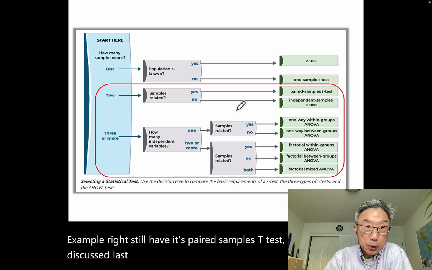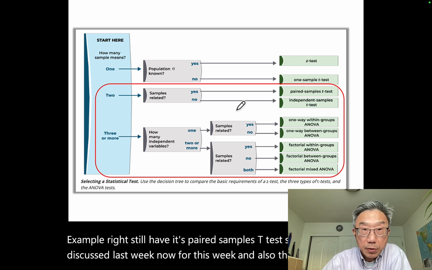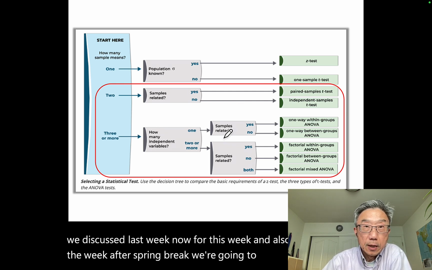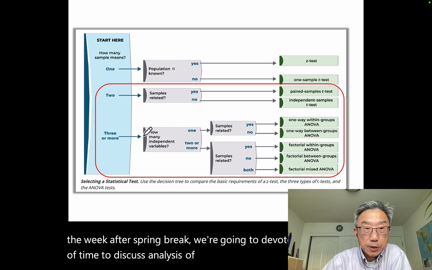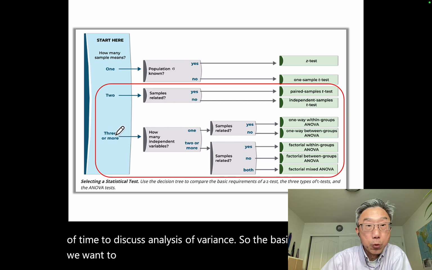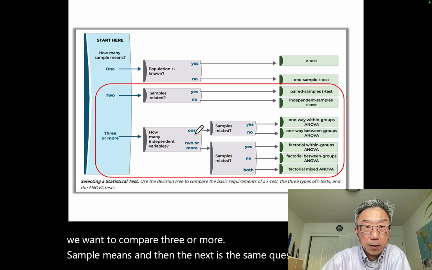Now, for this week and also the week after spring break, we're going to devote the 2 weeks of time to discuss analysis of variance. The basic situation is that we want to compare 3 or more sample means. And then the next is the same question: how many independent samples do we have?